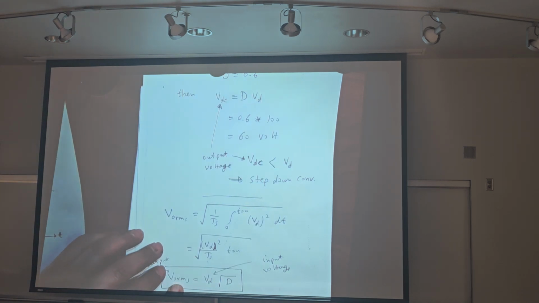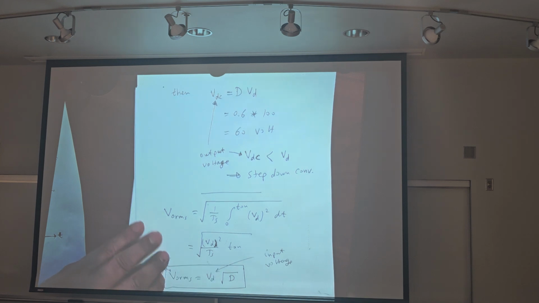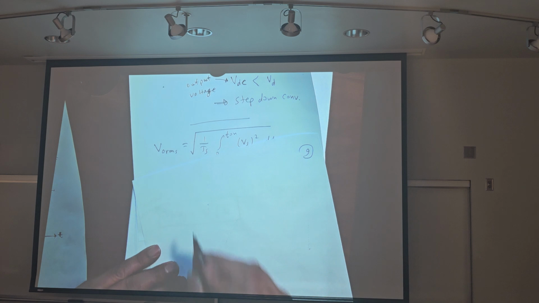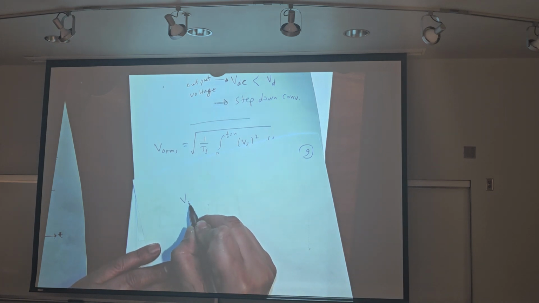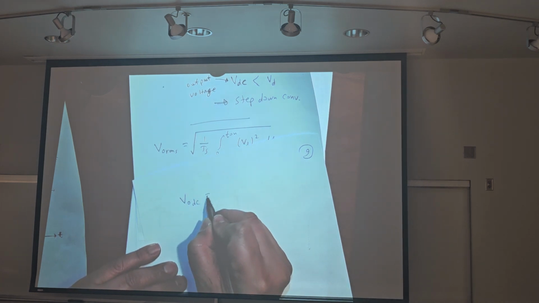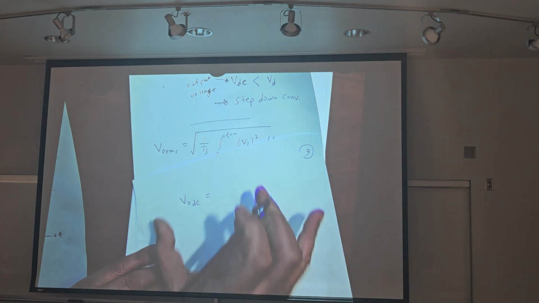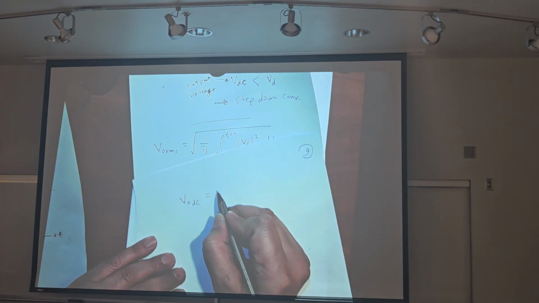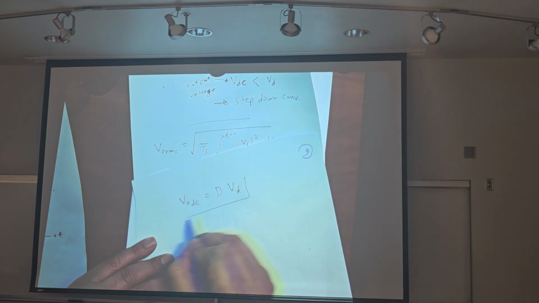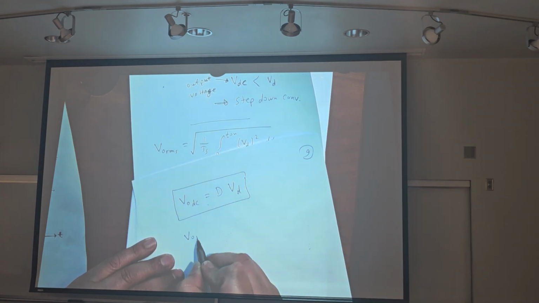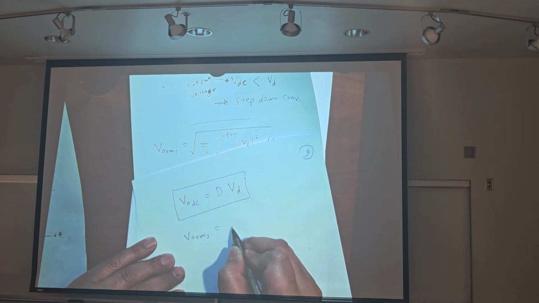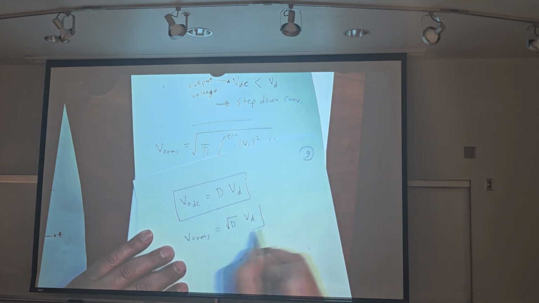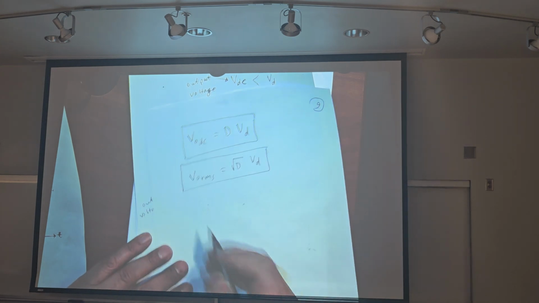Again, now we have V out DC equals duty cycle times VD, and V out RMS as AC equals square root of D times VD.